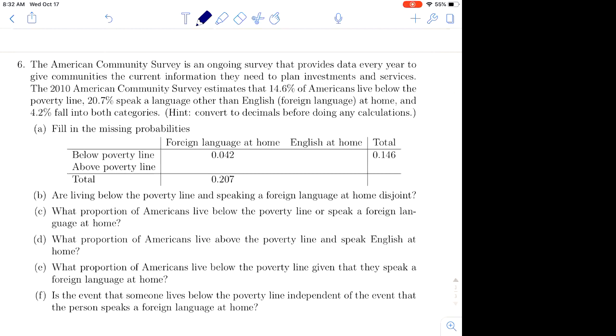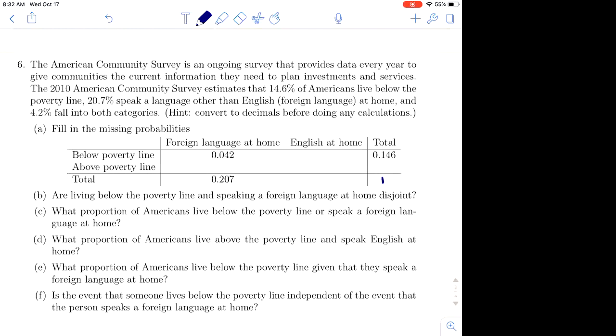So we can use that to figure out those marginal probabilities. And then this one plus this one has to equal this one, and this one plus this one has to equal this one. So we have all the information that we need to fill in this entire table, just remembering that the total overall has to be 1.